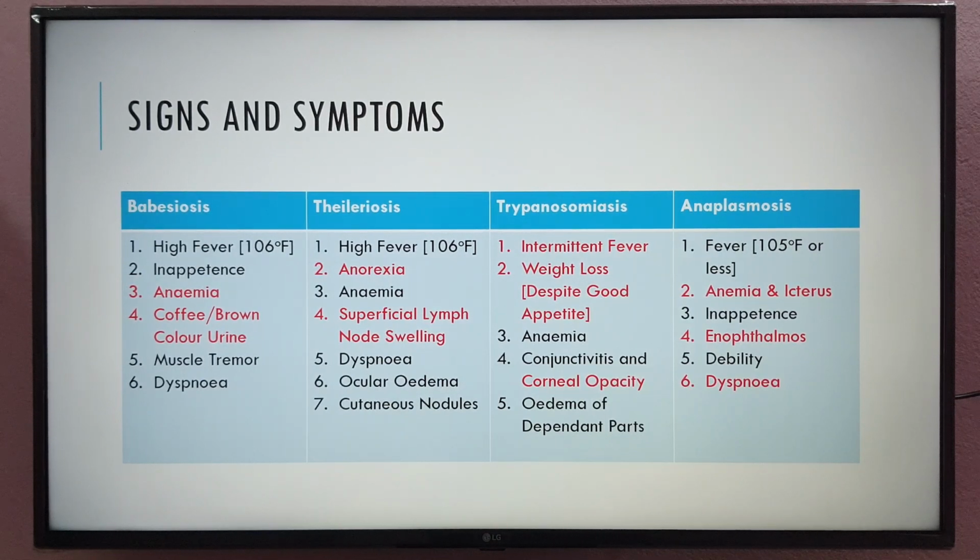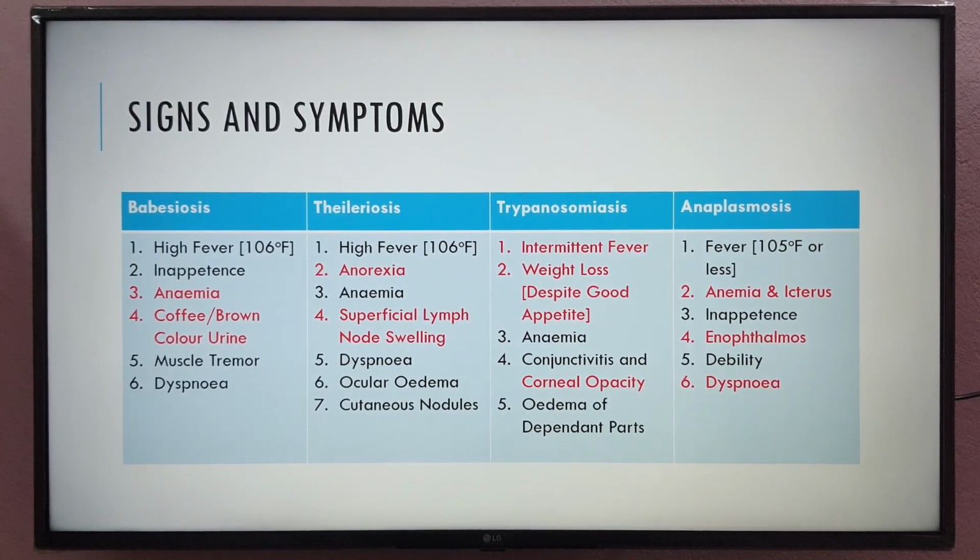So in Babesiosis you will find inappetence, then anemia. Anemia will be present in all of the diseases, whereas in Babesiosis the anemia is profound, in comparison to Theileriosis and Trypanosomosis.